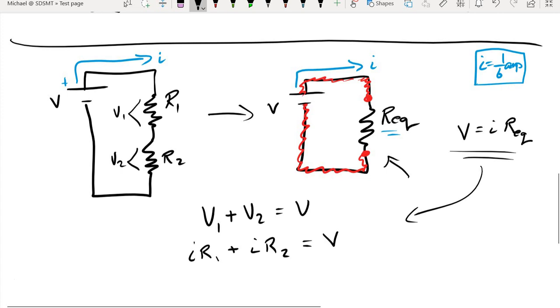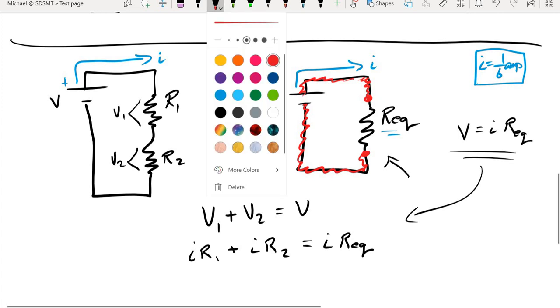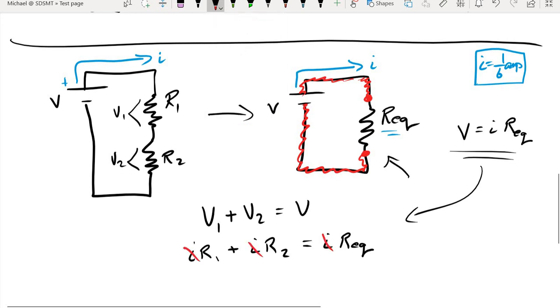So I'm going to bring that down here and replace the potential of the battery with the information that we have about the equivalent resistor, and now, surprisingly enough, we have an equation that tells us what the equivalent resistance is going to be, because the current is now common to every term, so that's going to cancel out, and we just end up with a direct summation that tells us what the equivalent resistance of the circuit is.